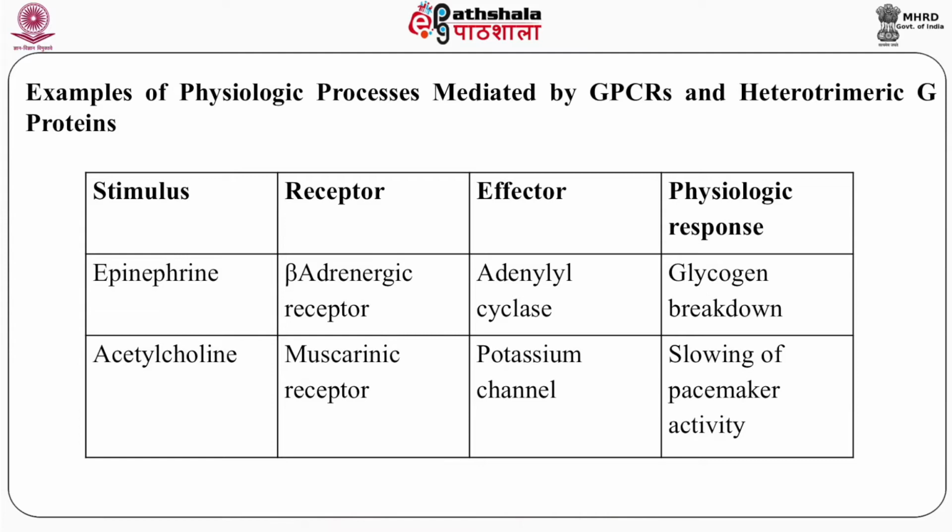Similarly, a stimulus of acetylcholine is required for slowing of pacemaker activity. For that, muscarinic receptors are present on the cell membrane and the effector molecules are potassium channels.